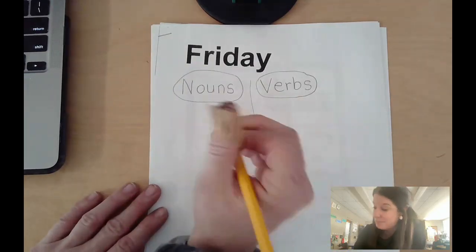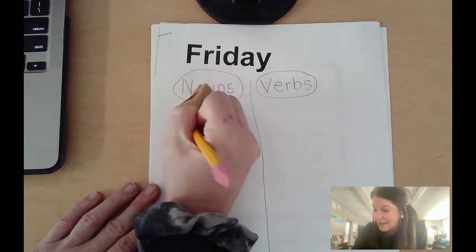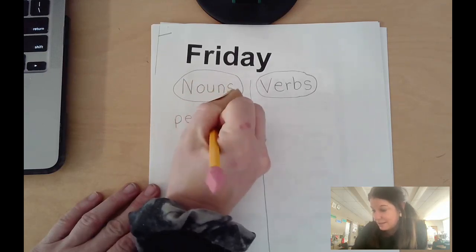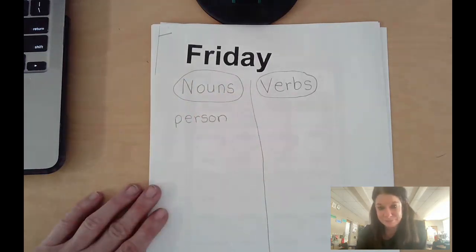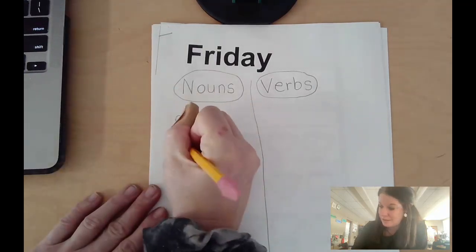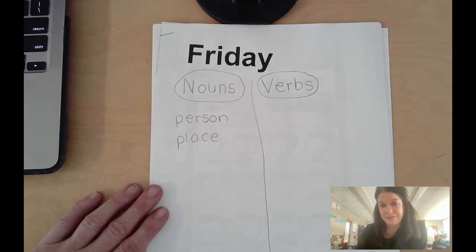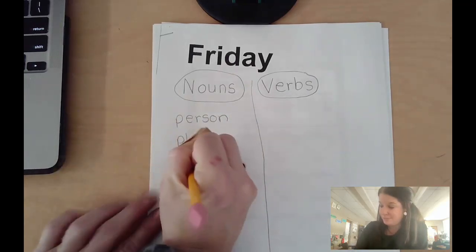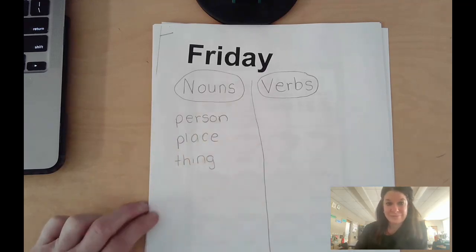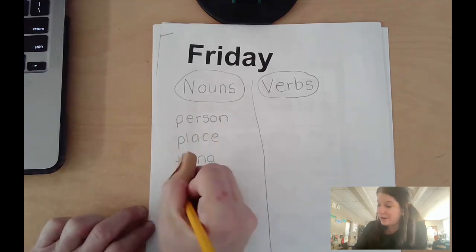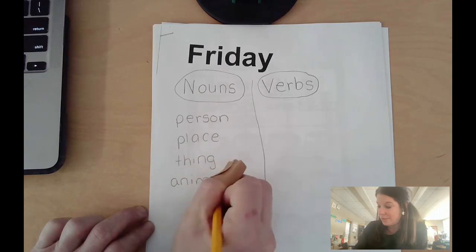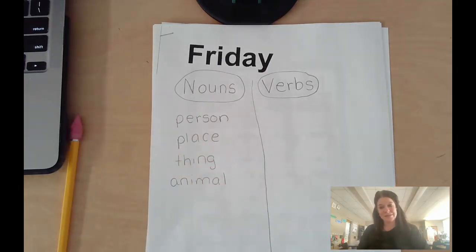And I know if I picked on you, you would say that a noun is a person, place, thing, or animal. Okay. I know that most of you probably remembered that from before remote learning.